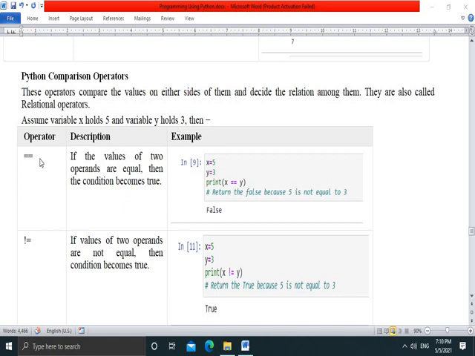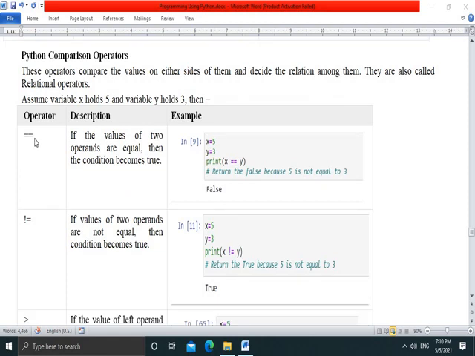First comparison operator is equal to equal to. If the values of two operands are equal, then condition becomes true. Means if x equal to 5, y equal to 3 and you write x equal to equal to y, then values of x and y are not equal, so it returns false.